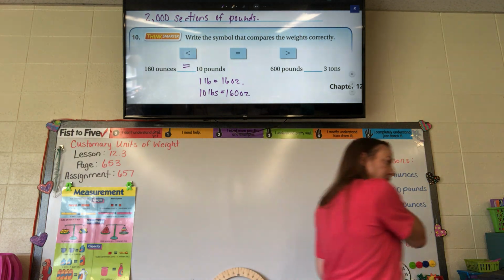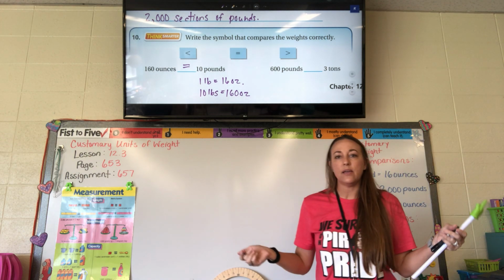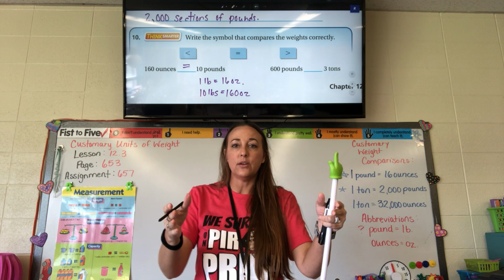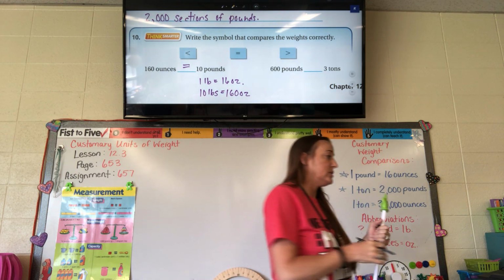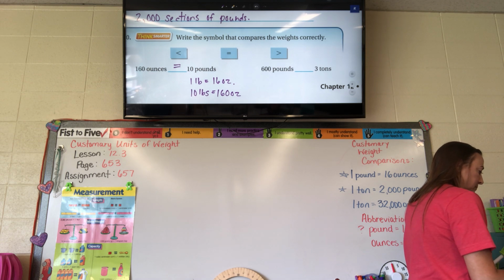They're the same. Okay, so here I have pounds and tons. I want to get those big tons down into the smaller pounds, smaller measurement, so I can multiply.